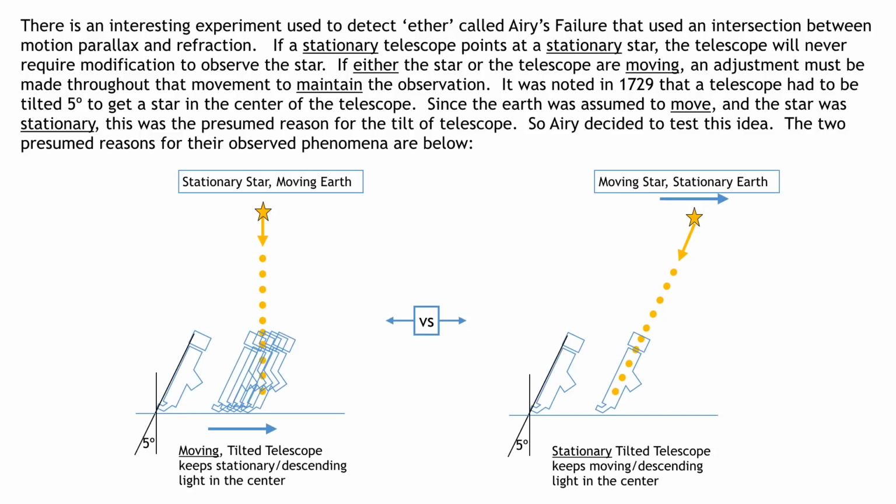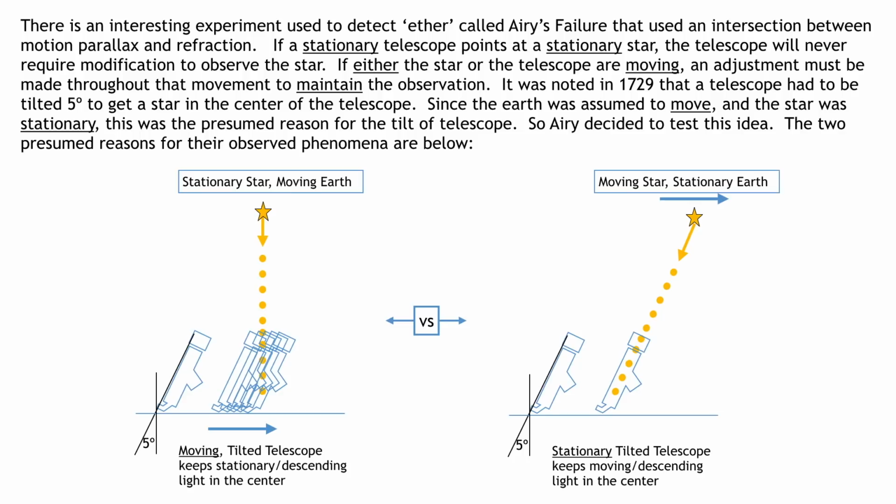You can see the telescope on the left: when the yellow dot hits it, it's at the very top of the telescope, but in the middle. As this telescope continues to move to the right, to the very far right telescope, the dot stays essentially in the middle as it descends down the telescope. And so you see the same star within the telescope during that movement.